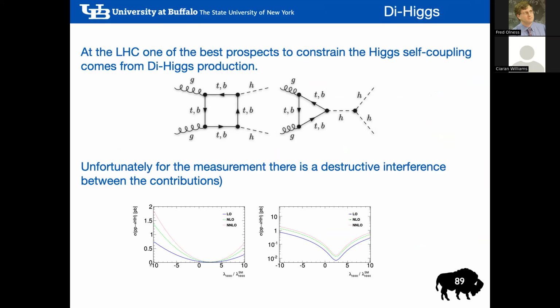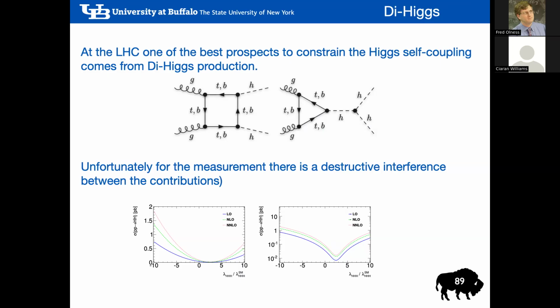is that this amplitude will again interfere with this one, and lo and behold, the repeated theme of this half of the lecture is that this interference is destructive. So the standard model prediction is here, sorry, lambda is 1, so the standard model prediction is here.